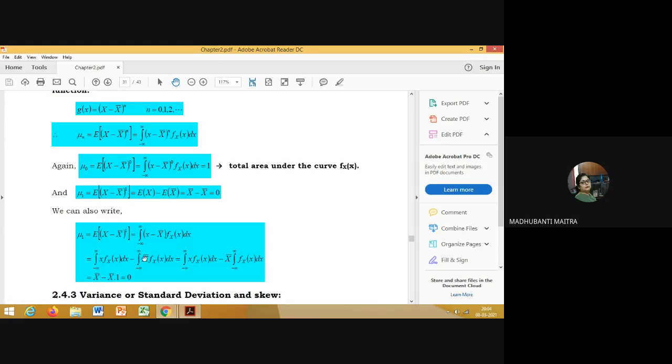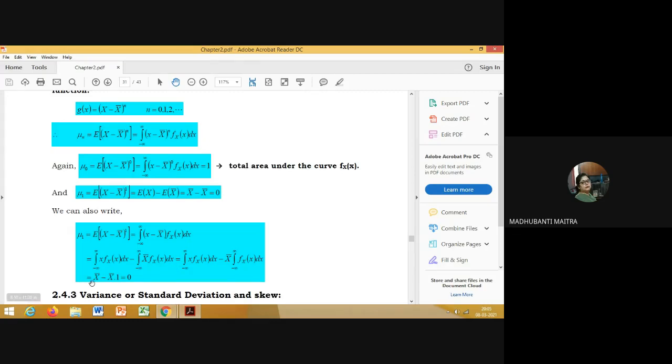In the second term, x bar, the mean value, is constant, so we can take it out of the integration sign. So it is x bar times the integral from minus infinity to infinity of fx dx, and we know the value of this integration is equal to 1, as it represents the total area under the density function.